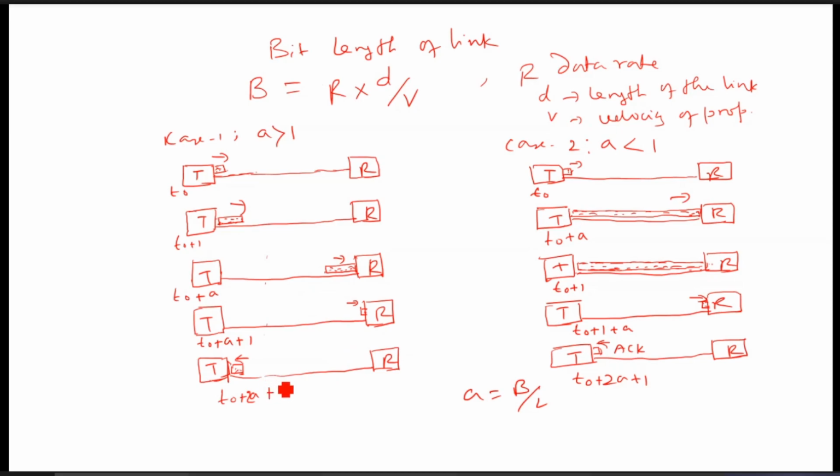If you see it, in both cases you can have some efficient utilization. But still the link is underutilized in both cases. And the worst case is when A is greater than 1, when the link is always underutilized. But in the other case, in some cases the link is fully utilized.